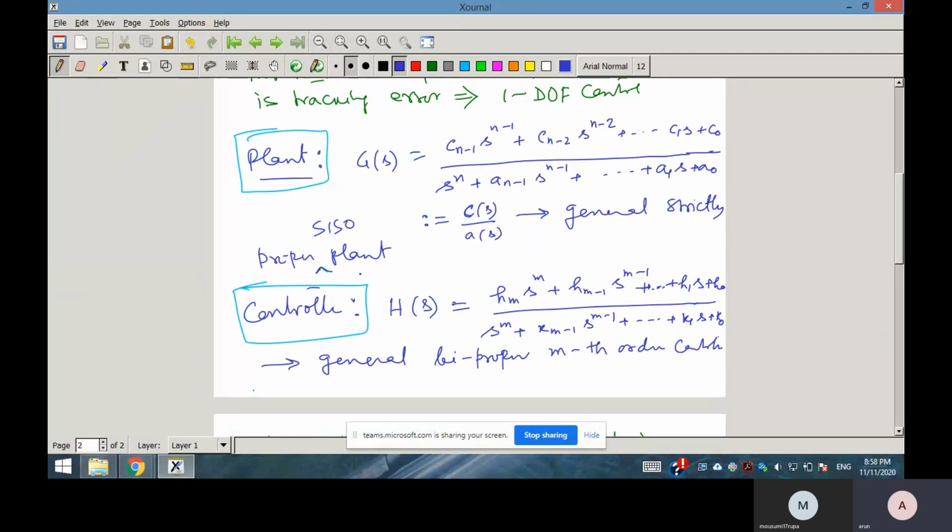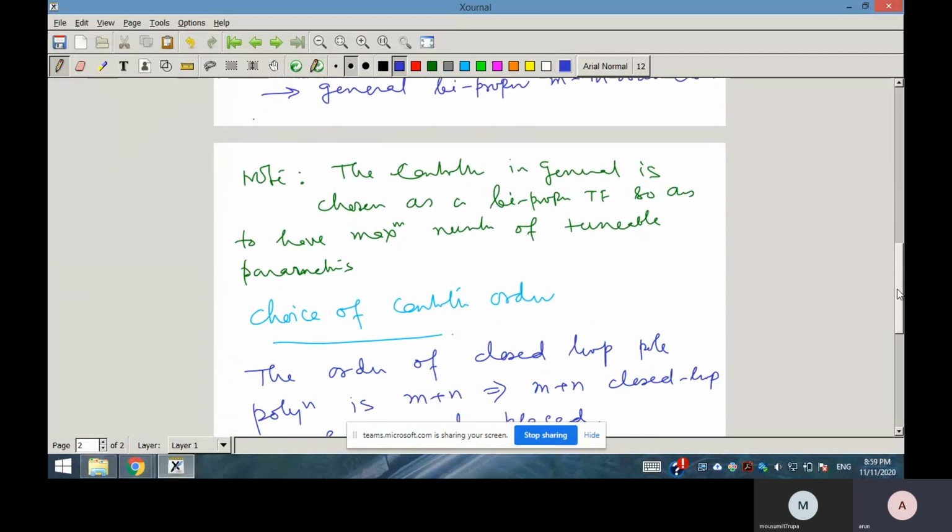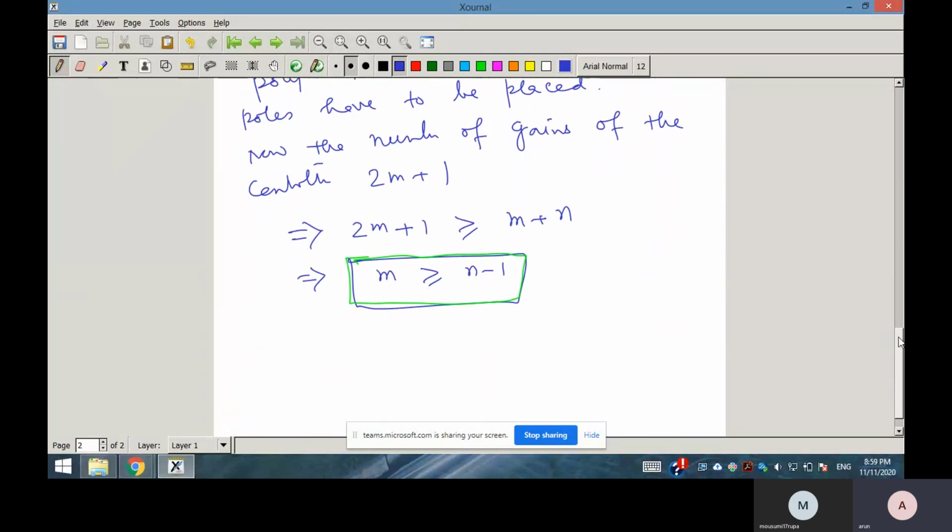That you will be seeing in your control system design course. I will take some practical examples there which are single input multiple output ones, and you will use the same approach. Here I do not want to extend all those things.